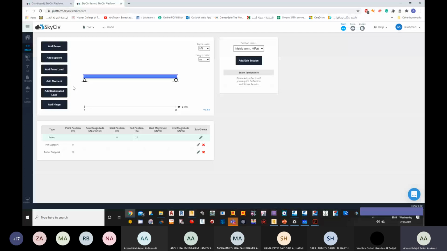But if we are having a complicated system, which is the case in real buildings, for example, rather than having a roller support or a pin support here, I'm going to have a fixed support, and rather than a roller, I'm going to have a fixed support here. I'm going to apply another pin support in the middle, at 3, and then we have another support at 7, for example.